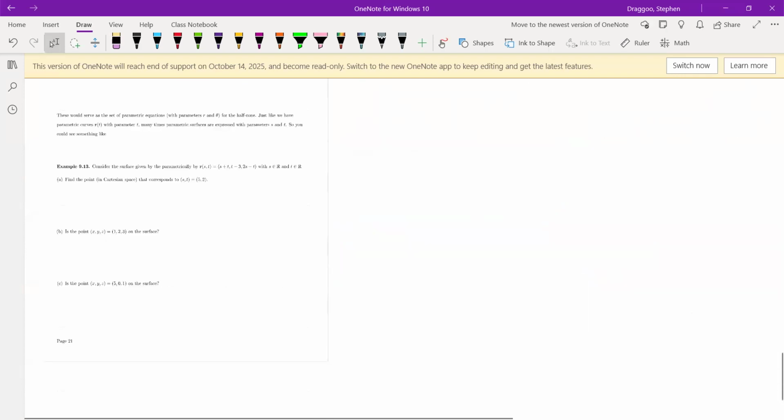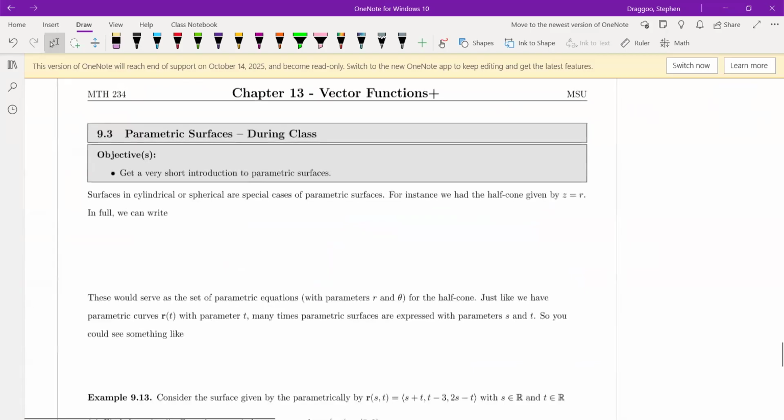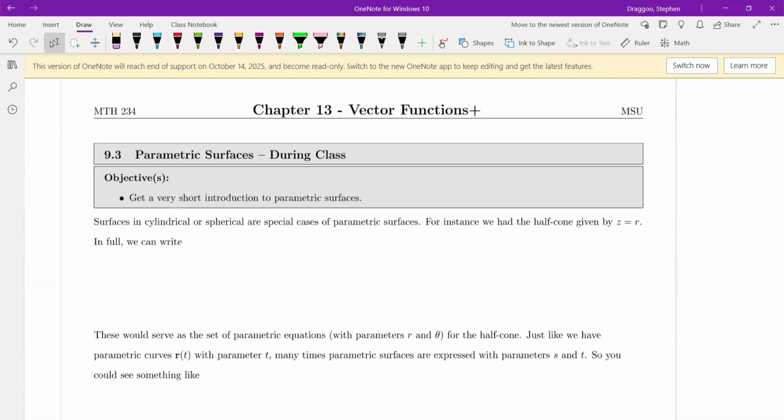Anywho, back to the last topic, which is going to be a very quick crash course into parameterizing surfaces. Because these cylindrical and spherical coordinates are really just a way of parameterizing shapes from our original x, y, and z components.